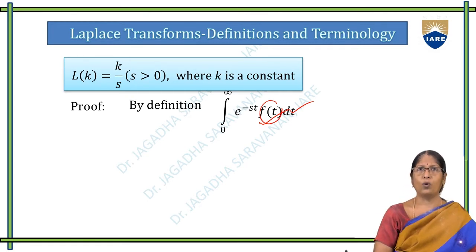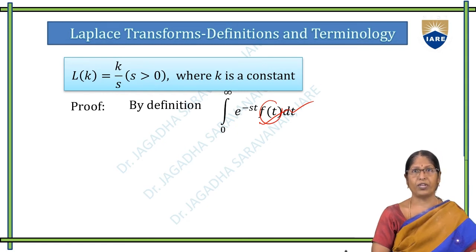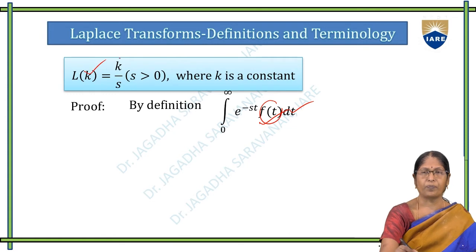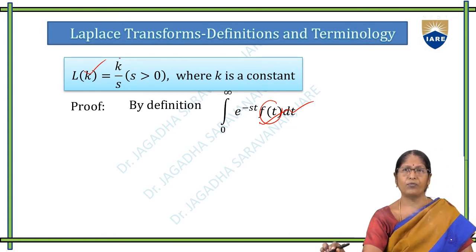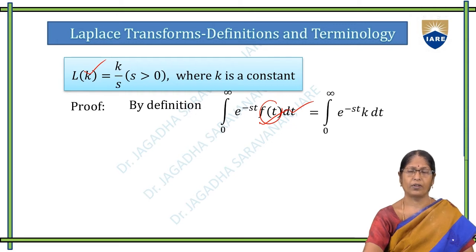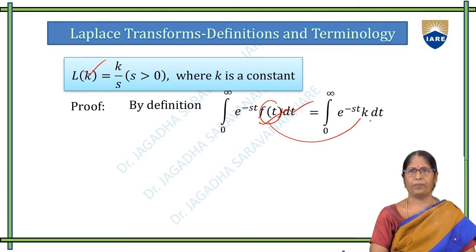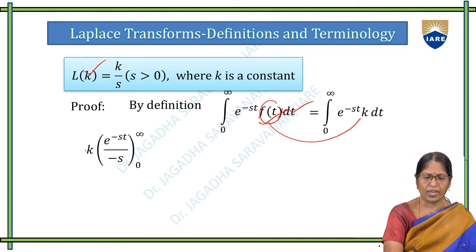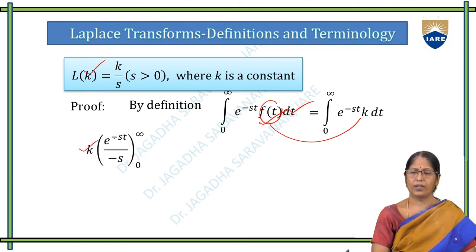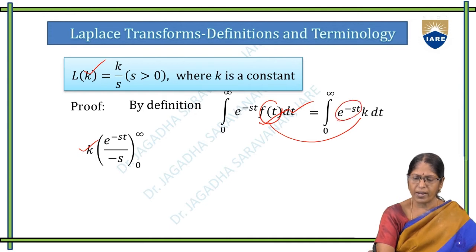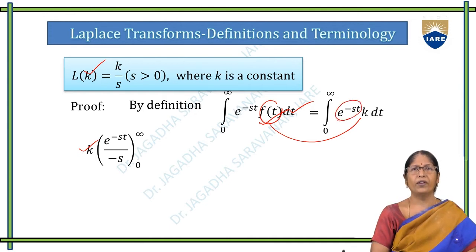Fine. Now, what about our f of t? Our f of t is nothing but k. So in the particular f of t, we are going to replace it by k. So the k which is written here, thus e power minus st should be replaced.